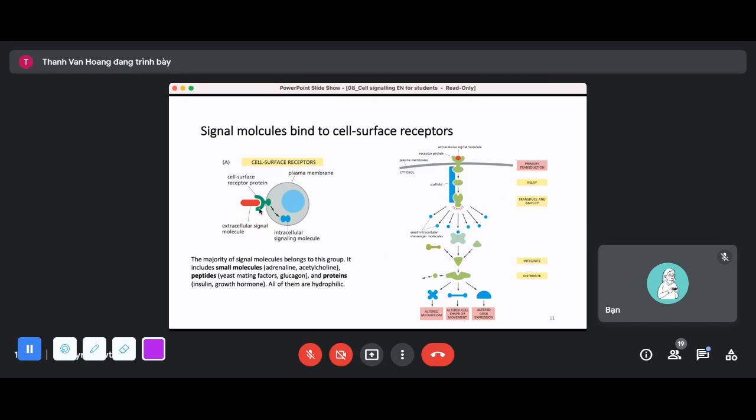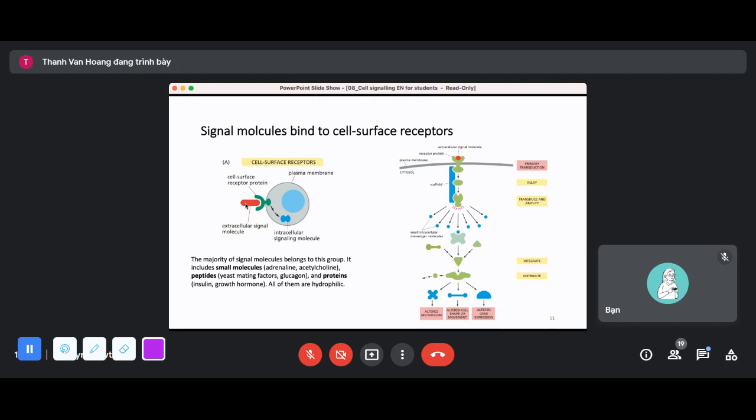In the second situation, we have a hydrophilic ligand. And as I explained previously, it needs a specific receptor to receive the signal.